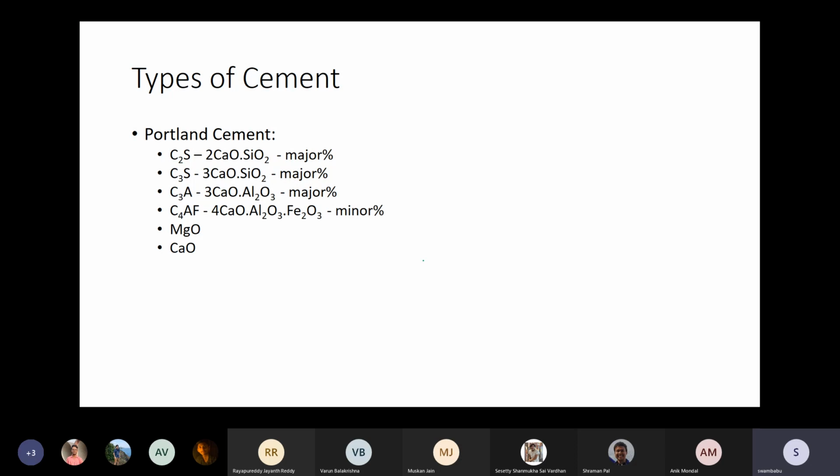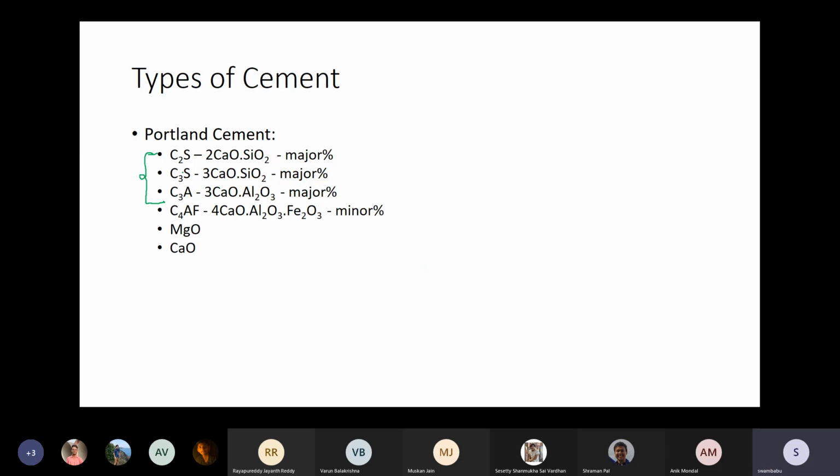So what does cement contain? Portland cement, the common cement used for household or building construction work, predominantly contains three components, the major percentage. C2S, dicalcium silicate, 2CaO.SiO2.